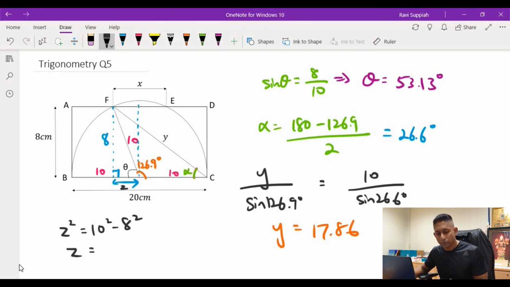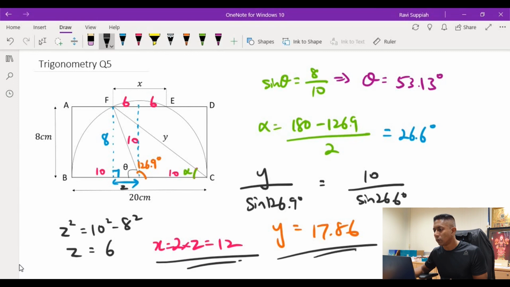So z will give me a value of 6. Since z is 6, I'll get 6 and 6 here, so x will be equal to 2 times z, which is 12. So with that I have solved for x, y and theta, all done.